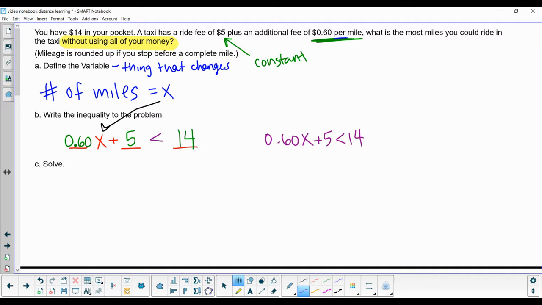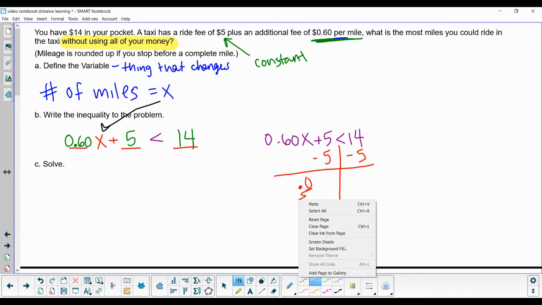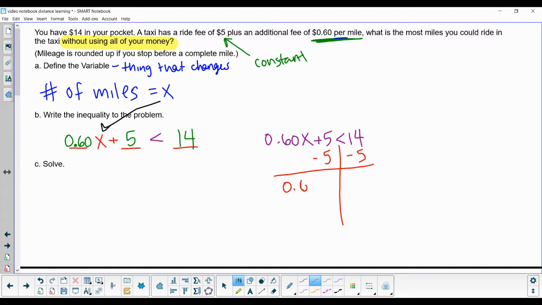The last thing says to solve. So I want to know how many miles it is. If I solve this, I can just solve like we're used to solving. Subtract 5 from both sides to move it over. And then I divide by 60 cents.